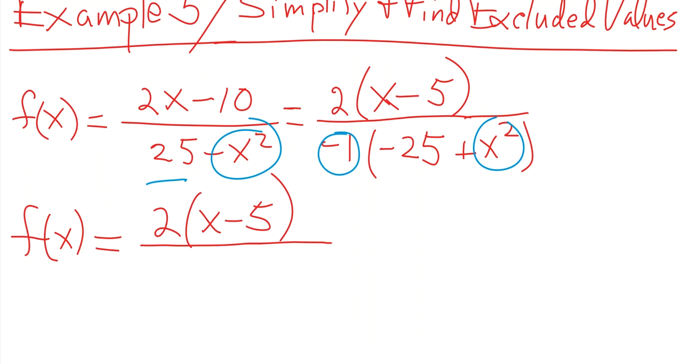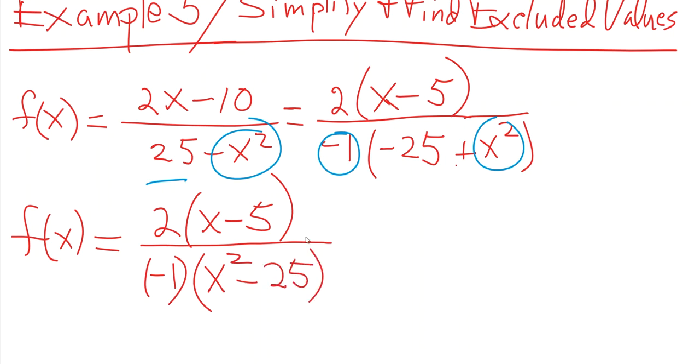Remember, order of addition, you can add in any order. So I can flip it around, and in the end, I have a -1 times x squared minus 25.